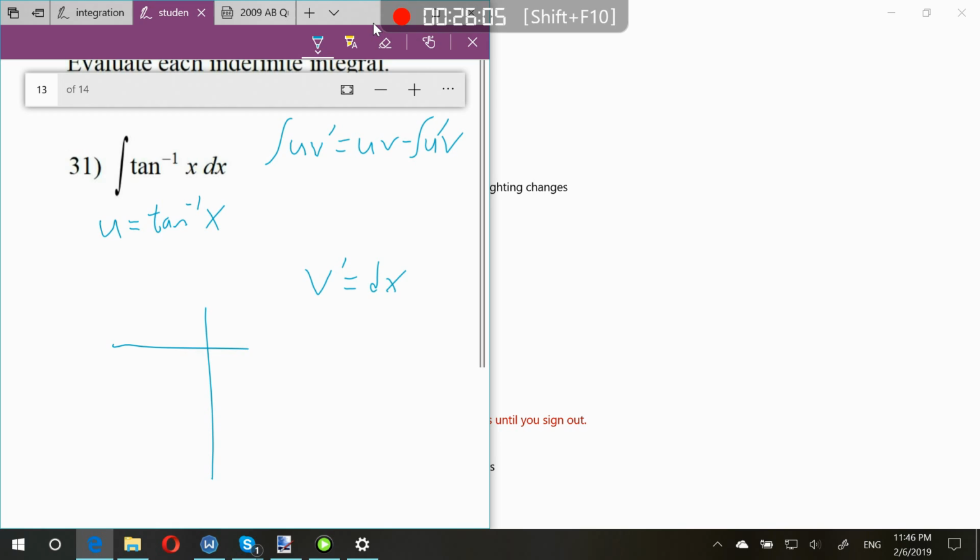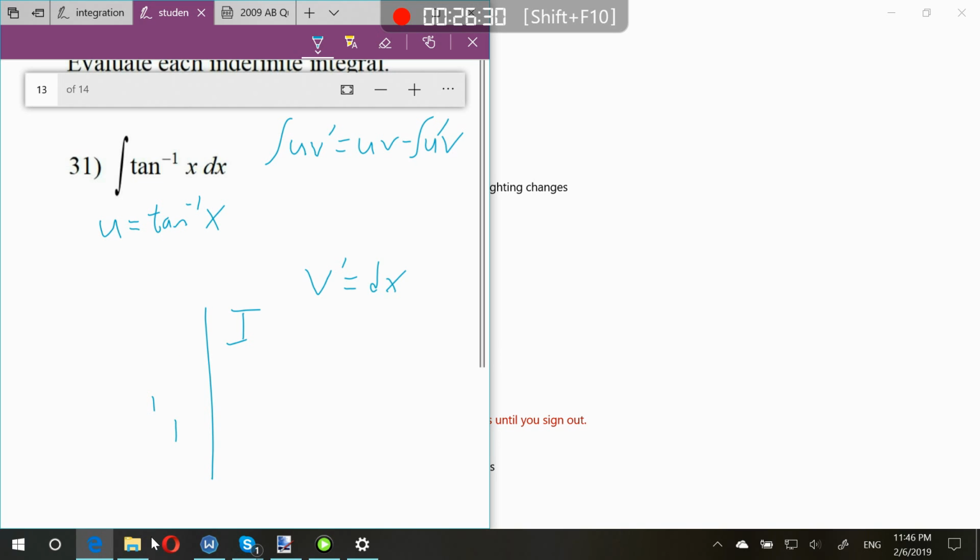If I tried to do a table for this, I'm going to write d for derive and I for integrate. I would derive the arctangent of x, which would give me 1 over x squared plus 1. And then I'm stuck, because I'm going to keep deriving this forever and I'll never end up at 0. So that's my clue that I can't use my shortcut method.